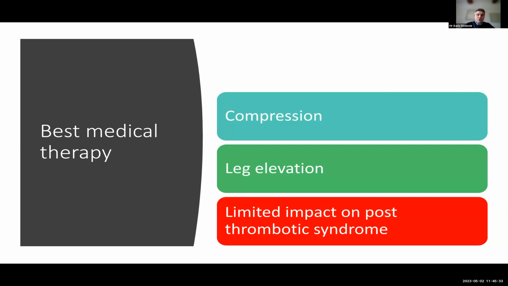But what we also know is that most of the other interventions that we have medically probably do not make much of a difference in terms of impacting on post-thrombotic syndrome incidence. And certainly when we look at the medical therapy arm of studies of procedural interventions for acute DVT, we see very high rates of post-thrombotic syndrome.